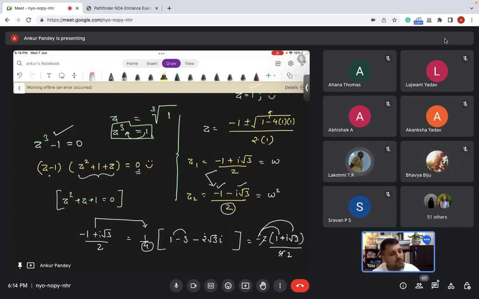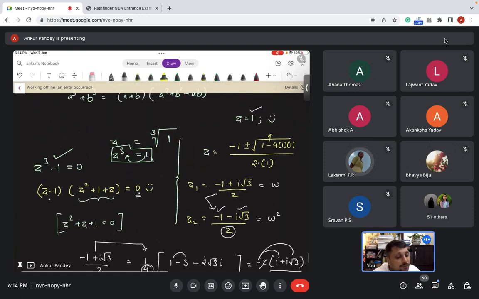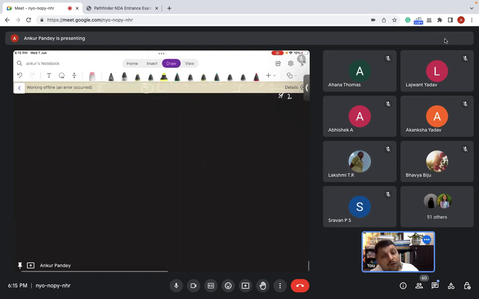Yes, sir. So now you do not have to remember all this process. What you have to remember is the extract of this process. From today onward, if someone asks you what is the cube root of 1, you won't just answer that cube root of 1 is 1.